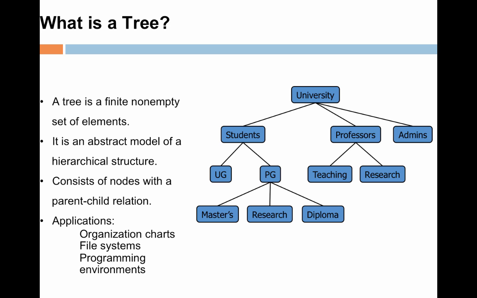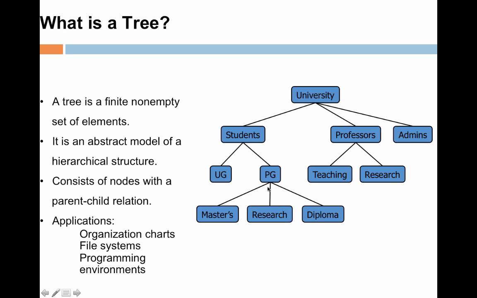The nodes have a position, and for every node there is a well-defined parent or child relationship with another node. So what are the typical applications of trees? These are ways of representing organization charts, and some systemic information. The directory structure on your computer is also a classic example of a tree, and so on and so forth.